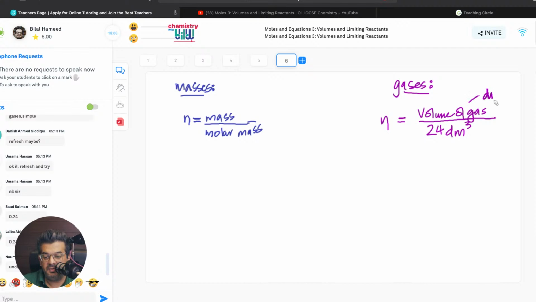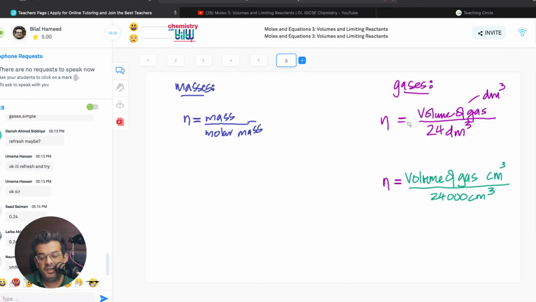Then the volume should be in the same units. Or if you like to use cm cube, then it becomes the volume of gas in cm cube over 24,000 cm cube. And that's literally all you have to use.